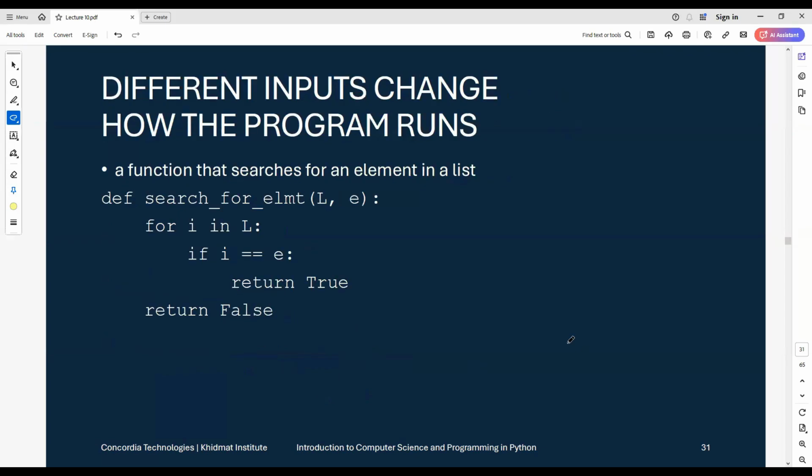So here's that example that I mentioned earlier. We have a list L, we have an element E, and we want to find whether E is present in L or not. The implementation is very simple.